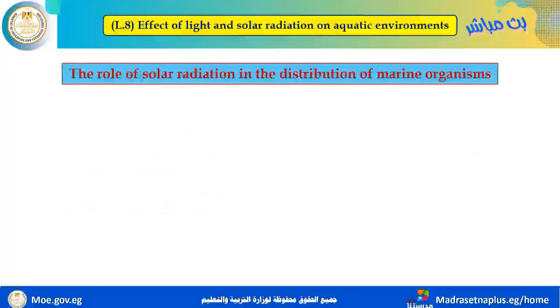Now, my dear students, let's read this big title: the role of solar radiation in the distribution of marine organisms. It is a very, very important part in our lesson for today, because we want to know how the different light intensities or the photic areas in the ocean control the type of creatures that can live and adapt to these conditions.